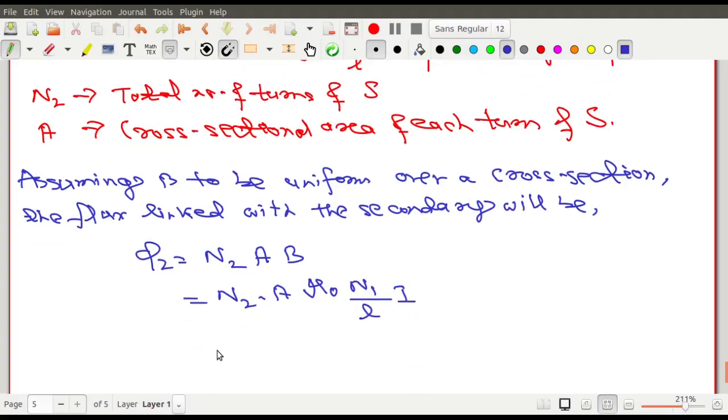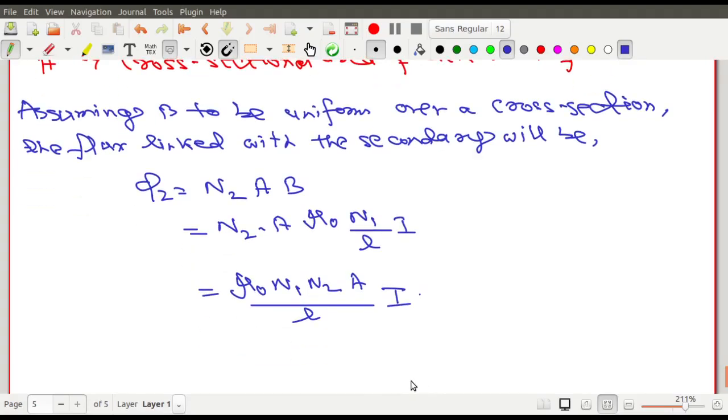Or you may arrange it properly, mu 0 N1 into capital A divided by L into I. That is the flux. This is phi 2, right?